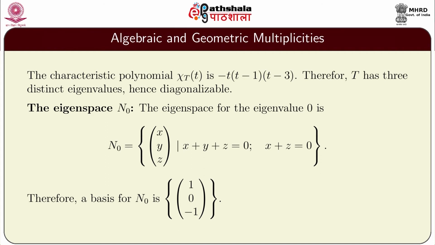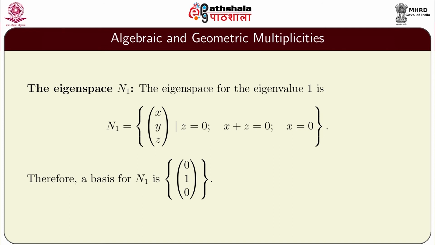So, x, y, z satisfy the simultaneous linear equations, and if we solve, then we see that it is a collection of all those 3 tuples which are of the form (x, 0, minus x). So, (1, 0, minus 1) is surely a basis for the eigenspace N0.